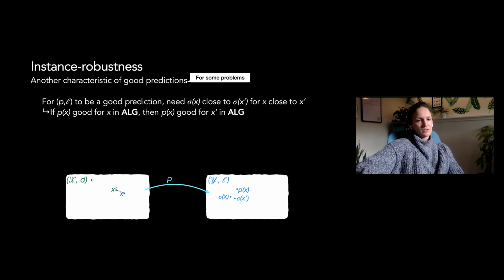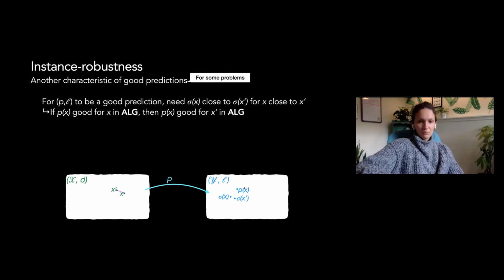If I can equip a distance function on my instance space, and my instance x and my instance x prime are close to each other, then in an instance robust prediction, you would have that sigma of x is close to sigma of x prime.